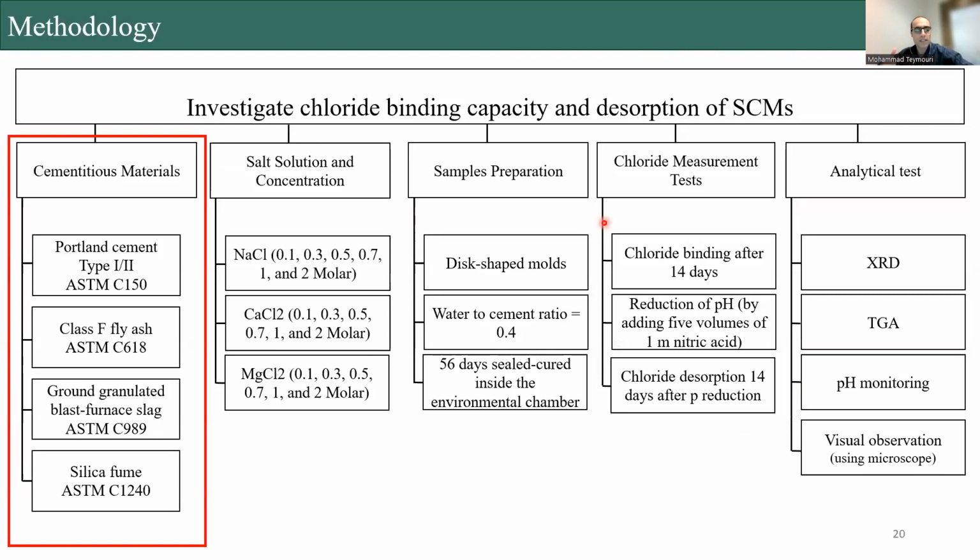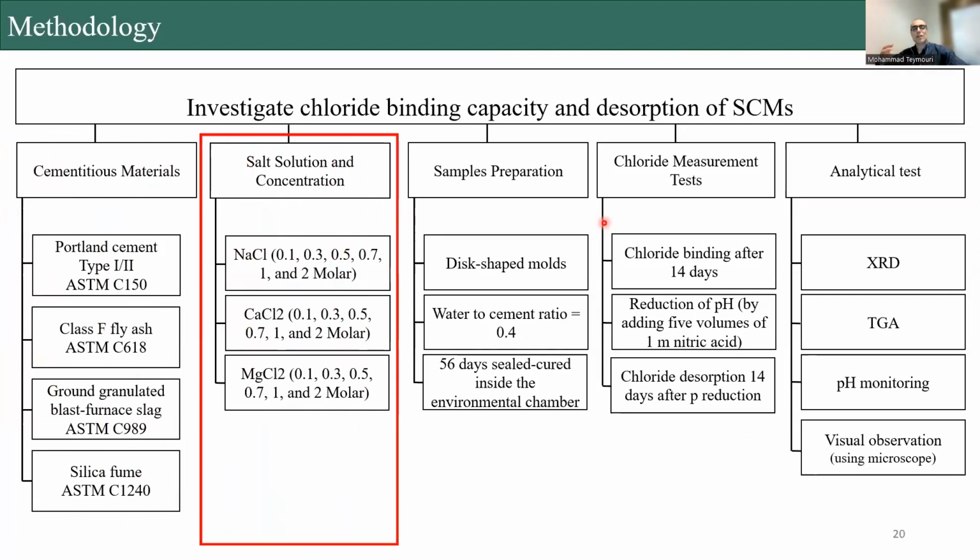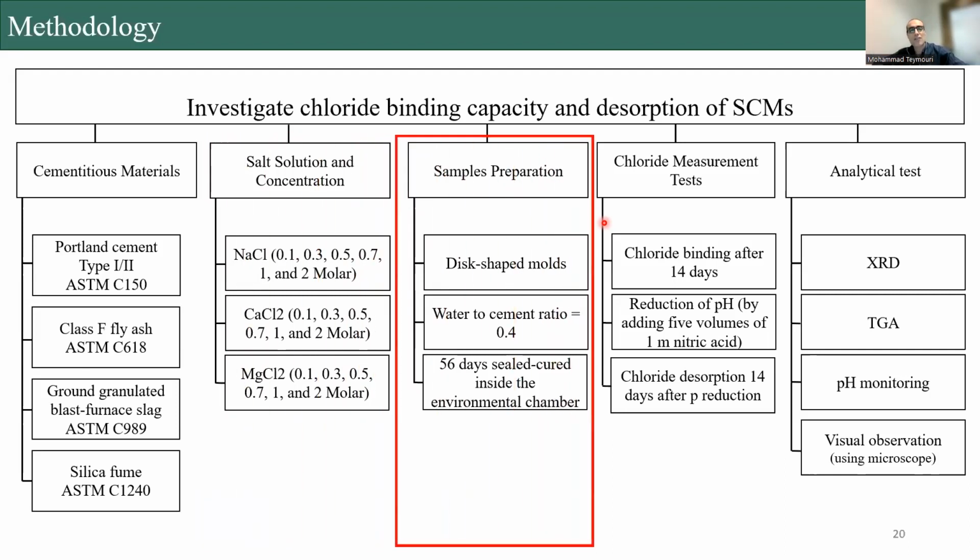We selected our materials, and then we used 3 common brine solutions or deicers recommended by snow removal practices in different states and at different concentrations. Right now they send the truck, so it's hard for them to keep track of the concentration. So we wanted to have very low and very high concentrations. We cured the samples for 56 days because we have SCMs.